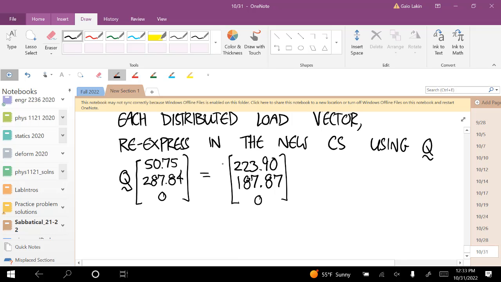That's the force vector coming from the pin and slot joint.